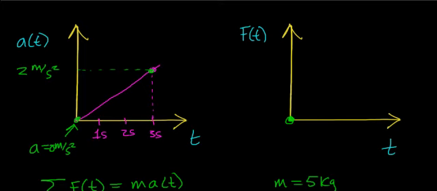So if this is, say, 0 newtons, and this is 0 seconds, and then 1 second, 2 seconds, 3 seconds, I want to figure out what my force is at the point where t equals 3 seconds.